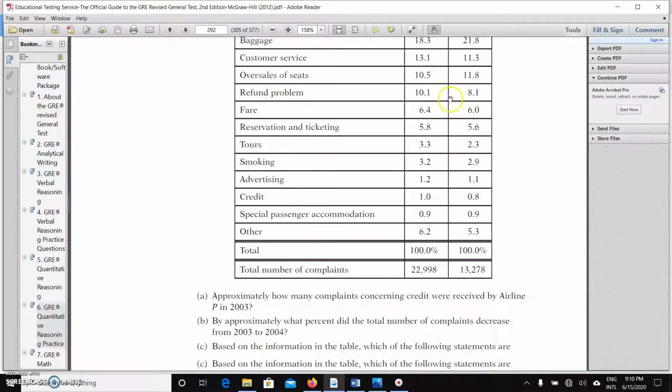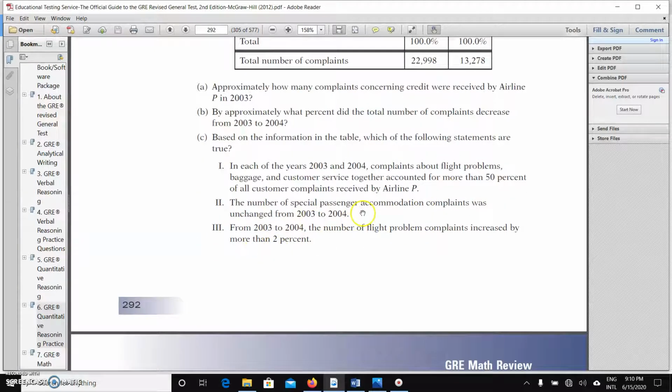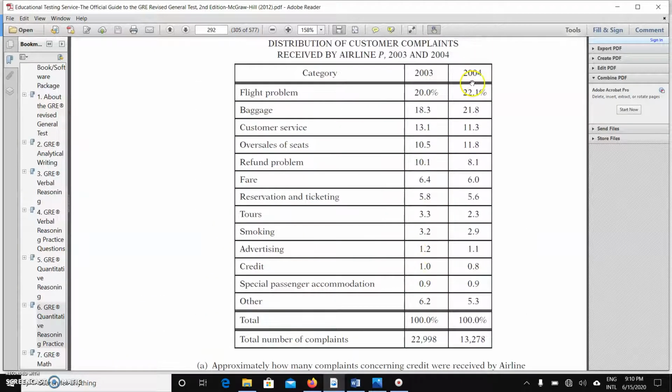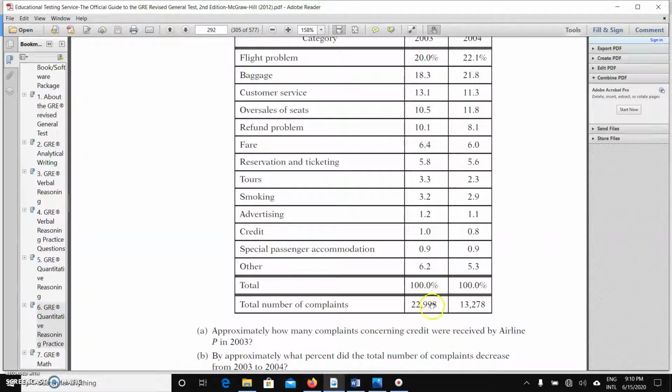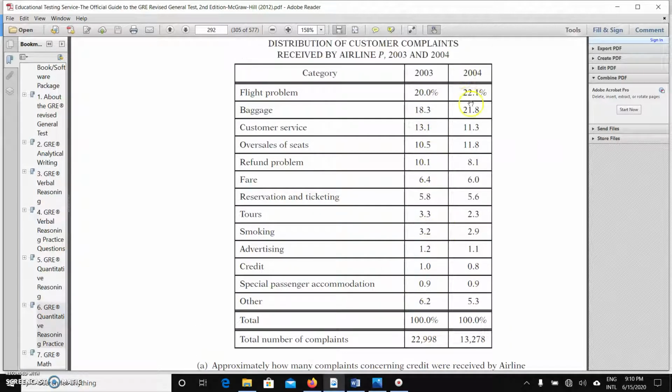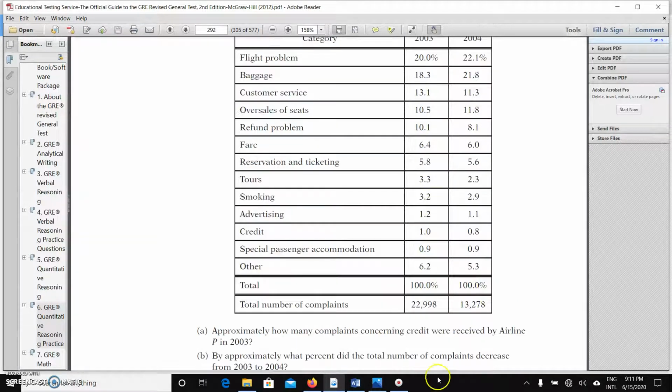You're going to think it's more than 2%, which is what you wrote here, and that will be wrong. What we need to do is just to calculate individually. So 20% of 22,998, that's for 2003, and 22.1% of 13,278. That's what I did here.